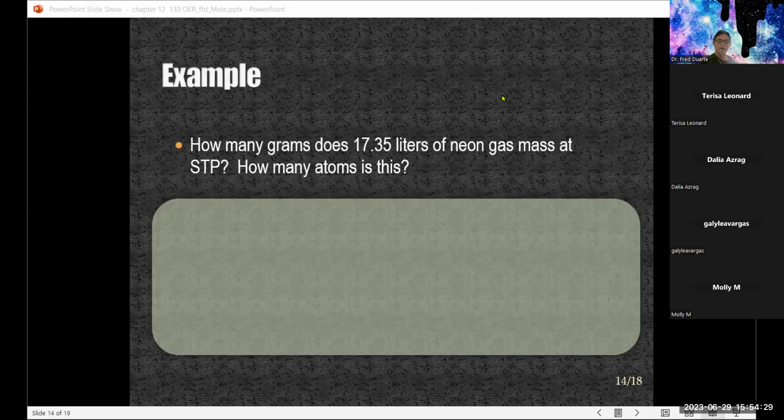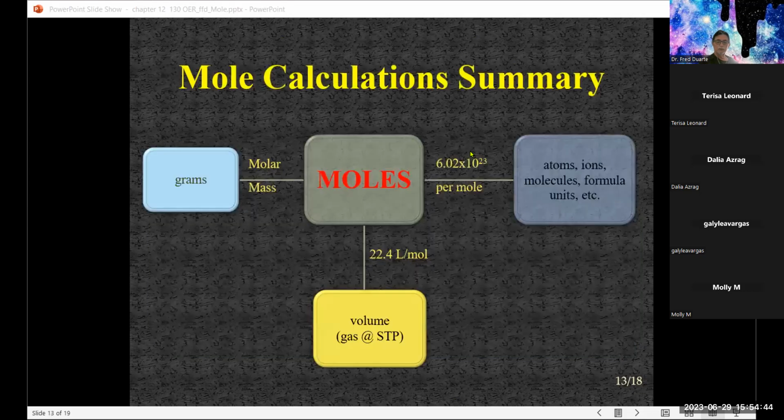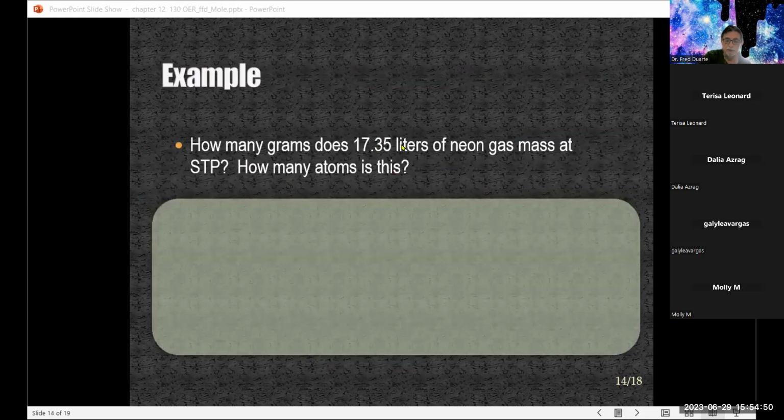Example. Question says, how many grams does 17.4 liters of neon gas mass at STP? Okay. So how many grams does 17.35 liters mass? Which direction are we going? We've got a volume, which is 17.35 liters, and we need to know how many grams.